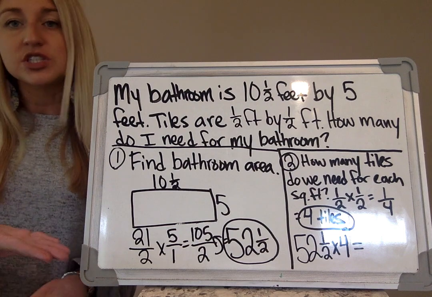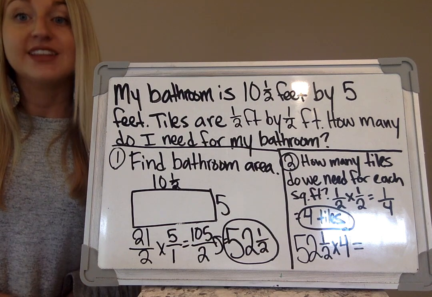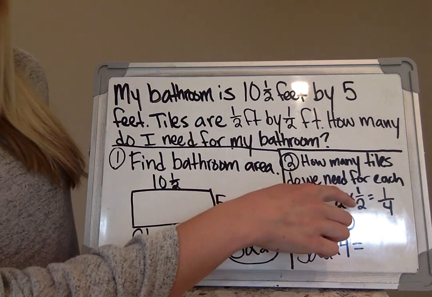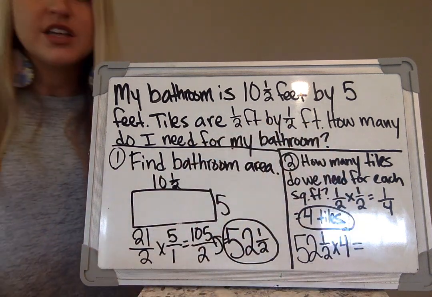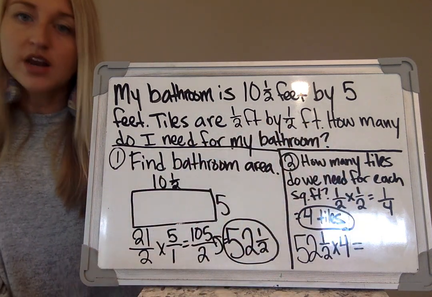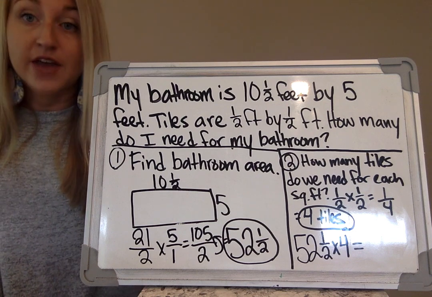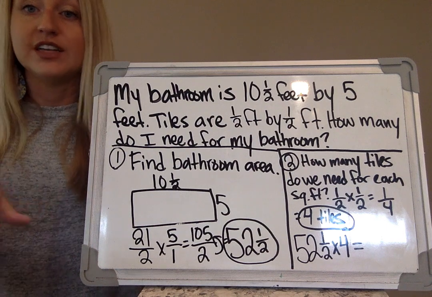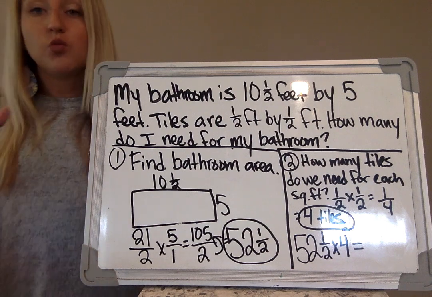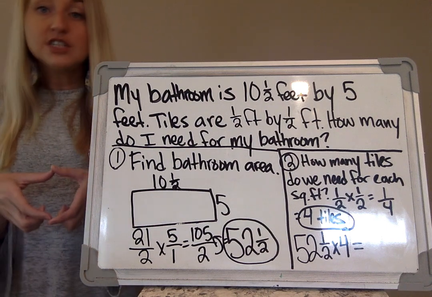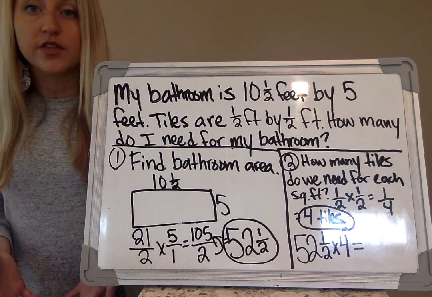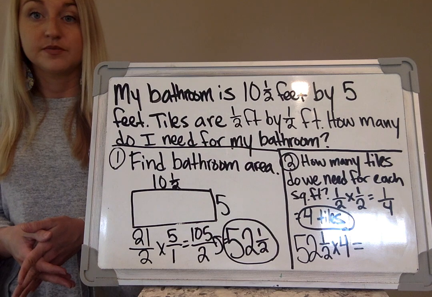We do that just like we just did here, multiplying the length times the width. So we did 1/2 for the length times 1/2 for the width, and we found out that the area of each one of our tiles is 1/4. So one tile isn't going to cover a whole square foot. It's going to only cover 1/4 of a square foot.